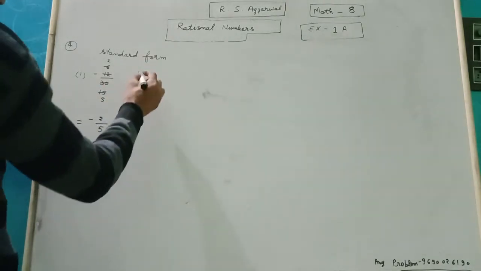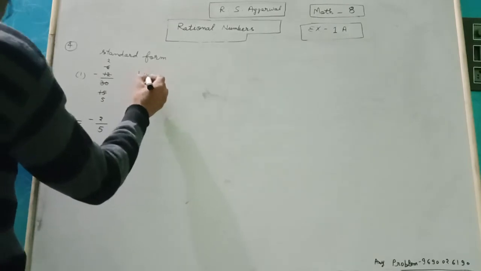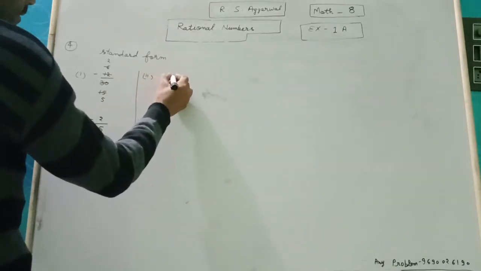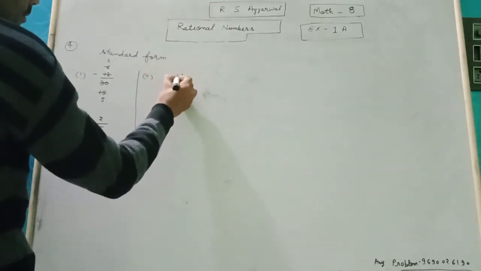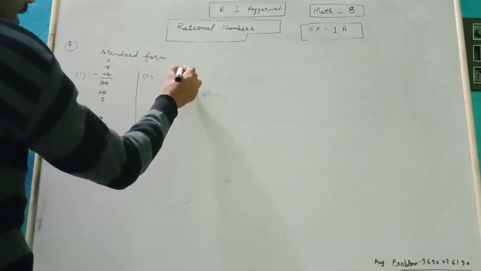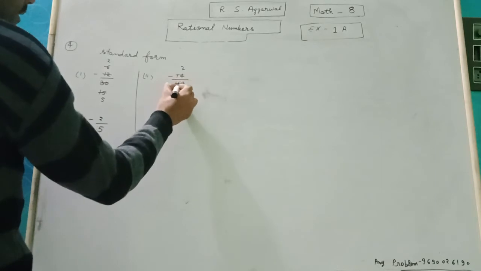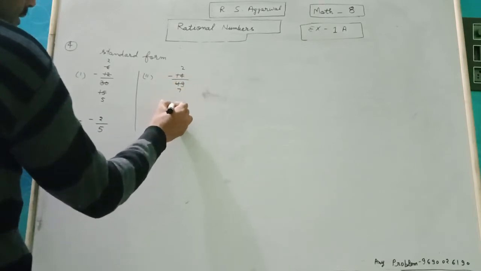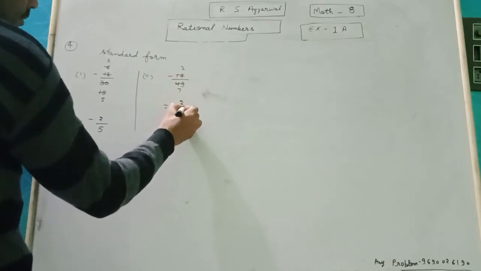Second part will be minus 14 upon 49. 7 twos are 14, 7 sevens are 49, minus 2 upon 7.